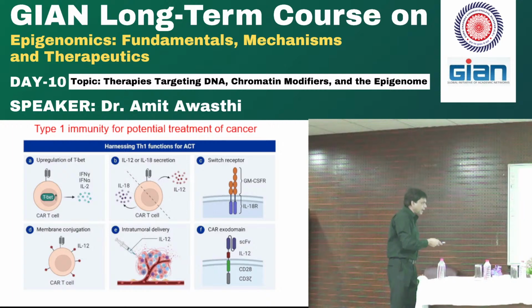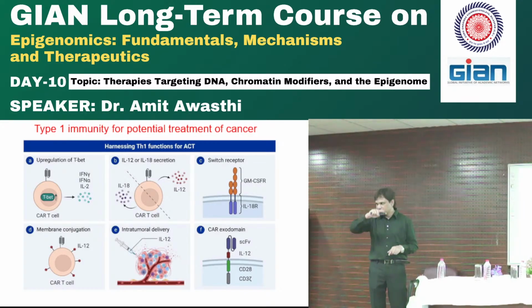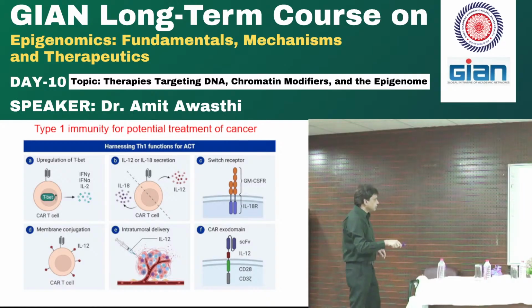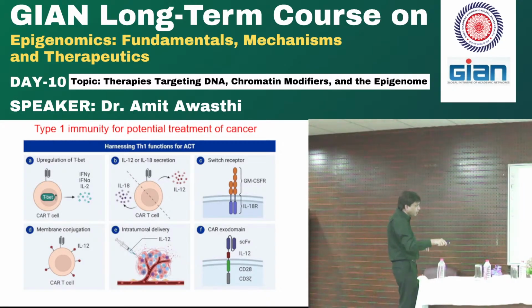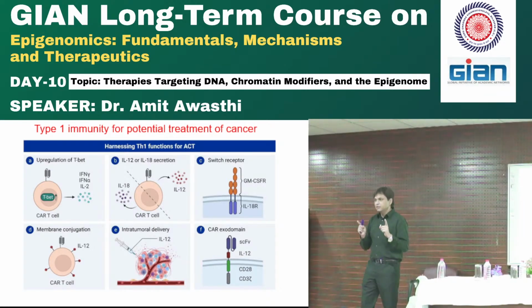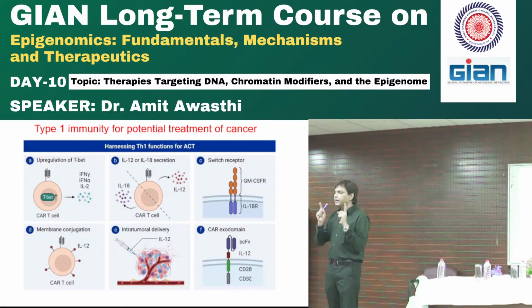So what we have done, we have taken this and linked the variable region of the heavy chain and the light chain through this linker. You see a linker, a small kind of pin shape like this. So this becomes your antigen recognition domain. And here we are taking the variable light chain and heavy chain for CD19 from an anti-CD19 antibody.